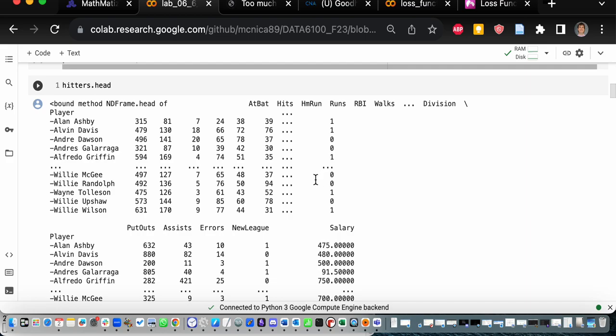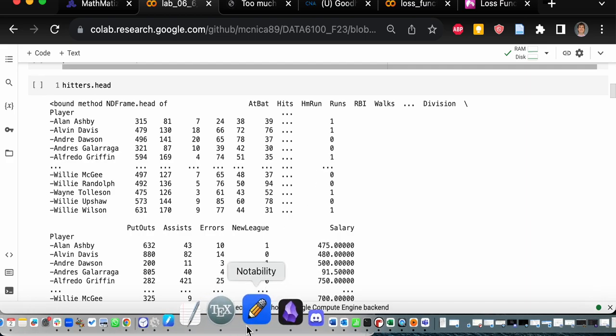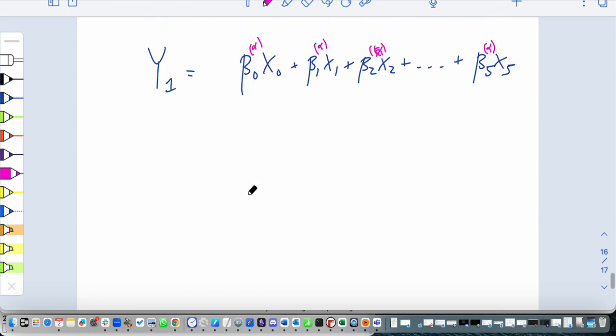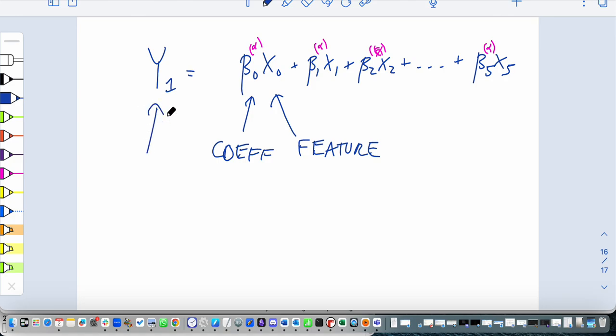How are the features and the coefficients related? Well, we're using the formula, here it is from last time. You multiply the coefficient times the feature, right? So if the features are very large, then the coefficients have to be very small so that when you multiply them together, you get some reasonable addition to your y.